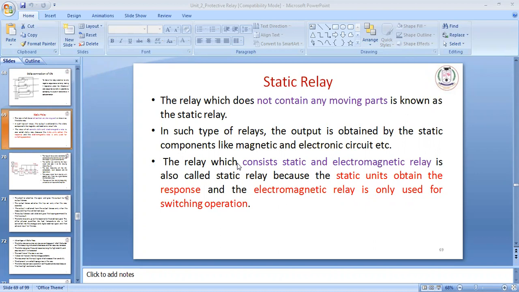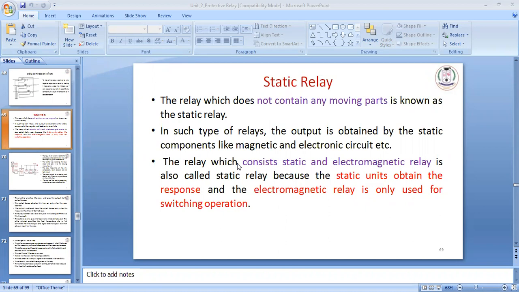Similarly, if you want current to flow from anode to cathode in an SCR or thyristor, a gate supply needs to be given. Likewise for a MOSFET, everywhere a gate signal is required. Only then will current flow from drain to source, or source to drain, or anode to cathode.